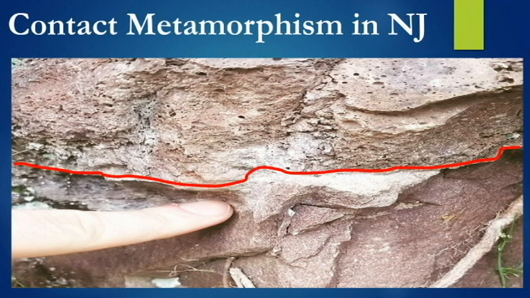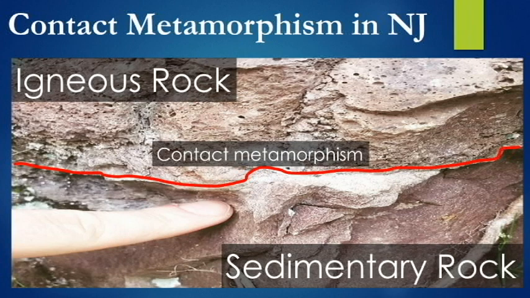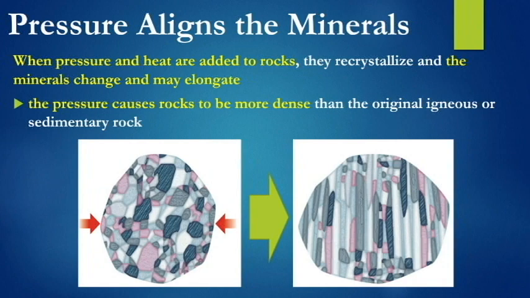That's the place where it touched. And below it is a sedimentary rock, or at least it used to be a sedimentary rock. Now it's actually a metamorphic rock. And above it is the igneous rock. So that's the place where they contacted and the burning occurred. I am saying it's a sedimentary rock, but technically it's turned into a metamorphic rock. All right. So that was all contact metamorphism.